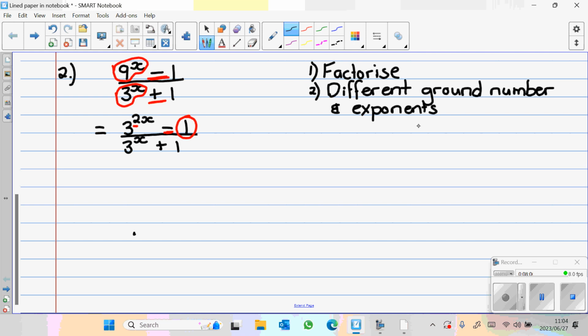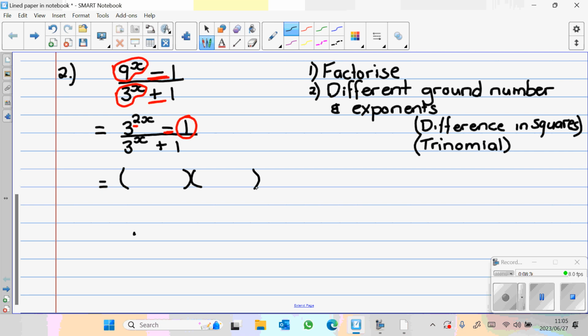It's either a difference in squares, which this one is, because there's only 2 terms, or it is a trinomial, which this one is not, because for a trinomial I need 3 terms. So difference in squares means I have 2 brackets. One bracket is positive, the other bracket is negative.